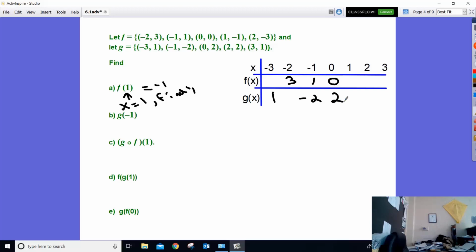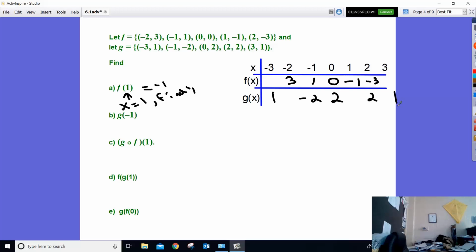I see a 2 here on g. When x is 1, negative 1. X is 2, negative 3, 2. And when x is 3, that guy's 1. Did I throw anybody off doing that?